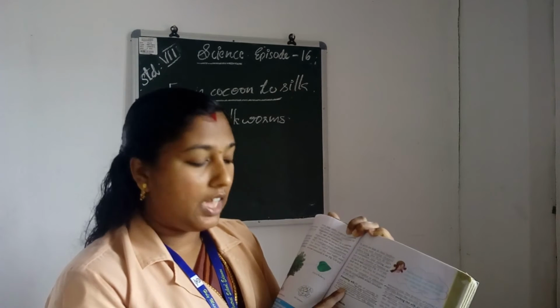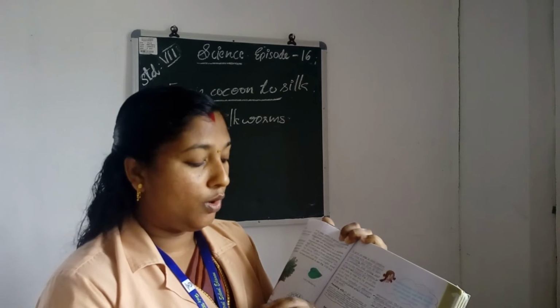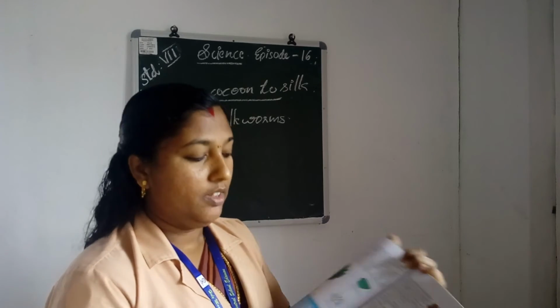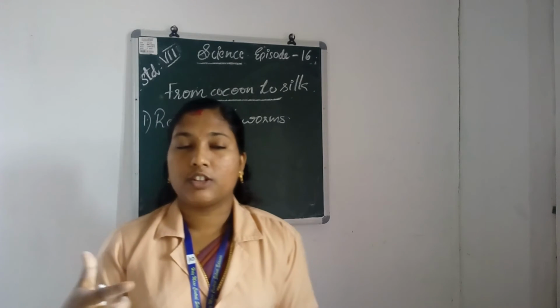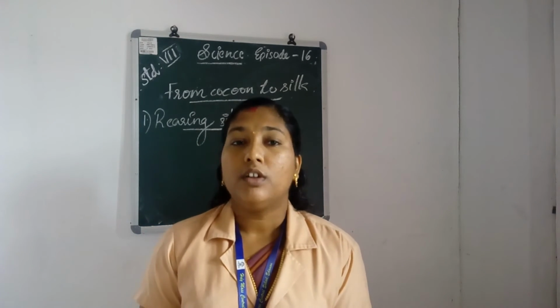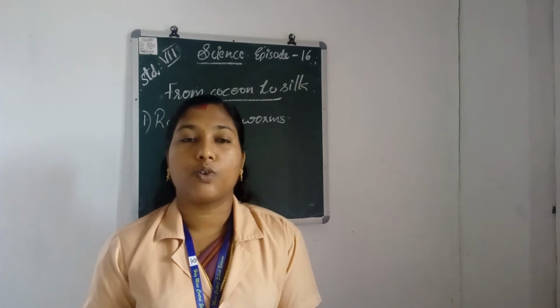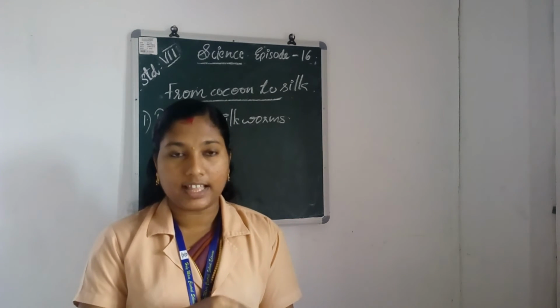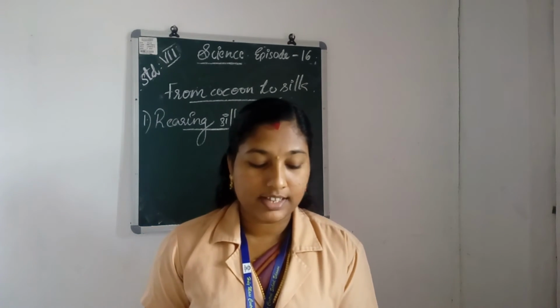The farmers keep the cocoons under the sun, boil the cocoons, or expose them to steam. Then the silk fibers are separated out. At that time we can separate the silk fibers.